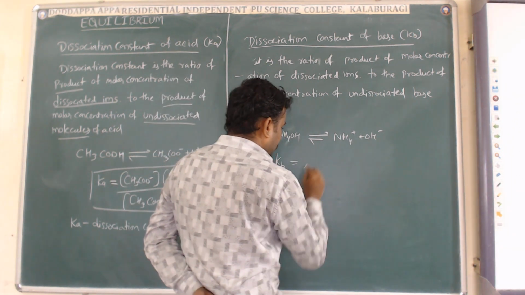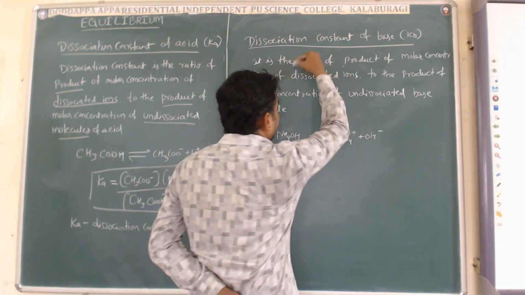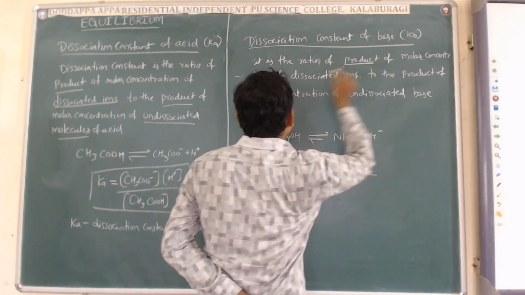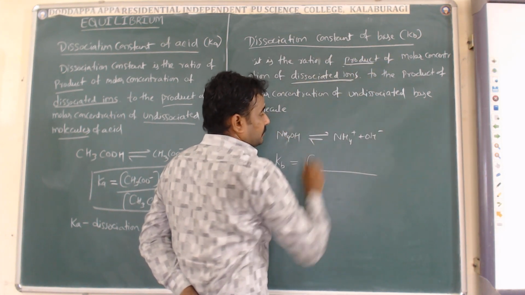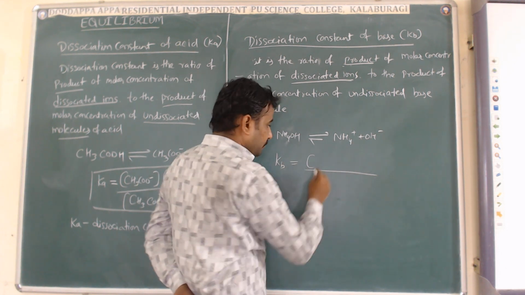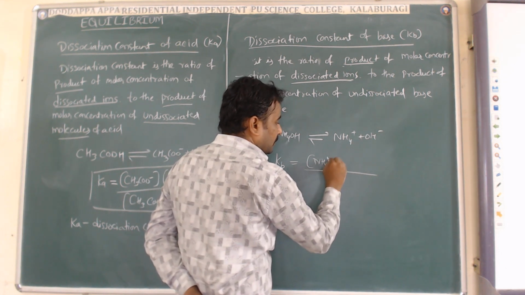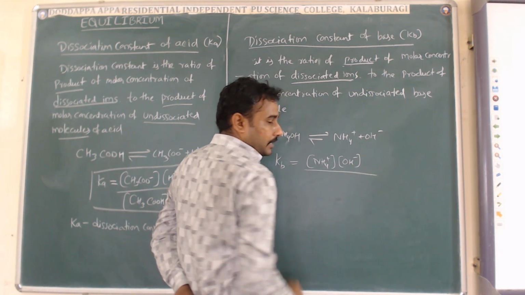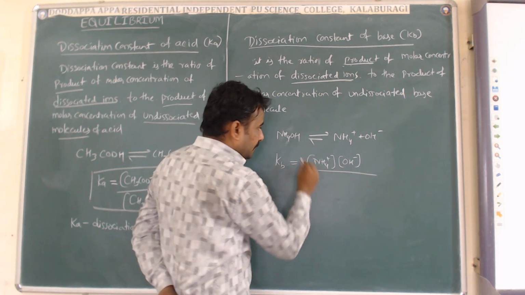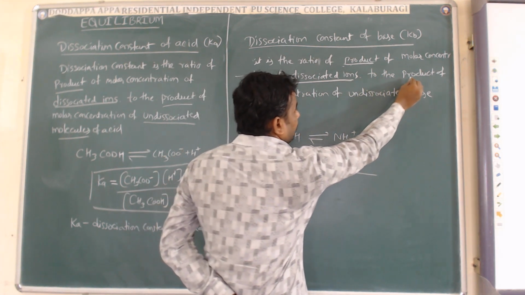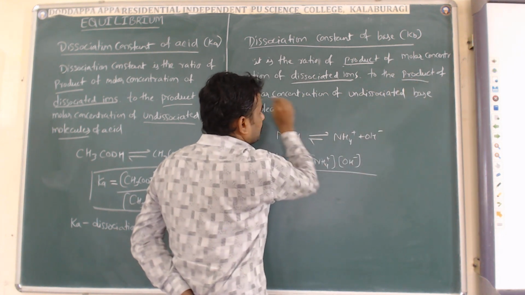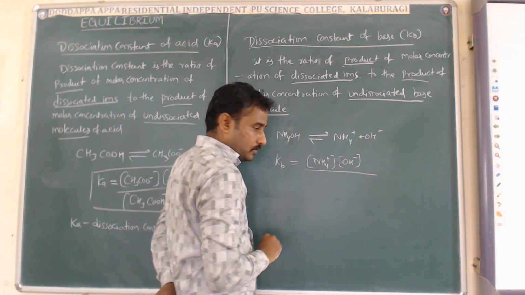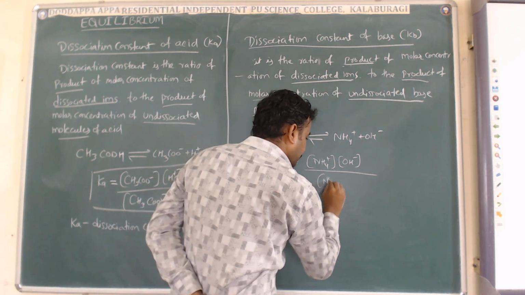Kb is equal to the ratio of the product of molar concentration of the dissociated ions, NH4 plus multiplied by OH minus, divided by the product of molar concentration of the undissociated base molecule, NH4OH.